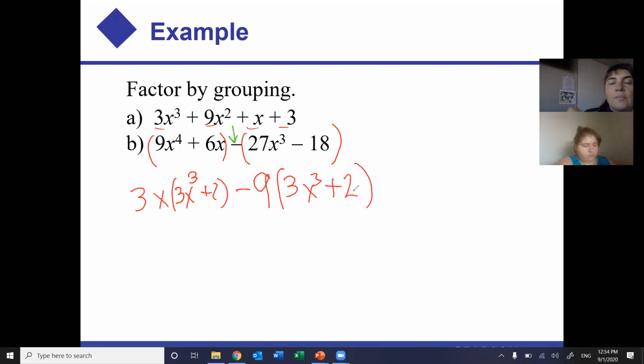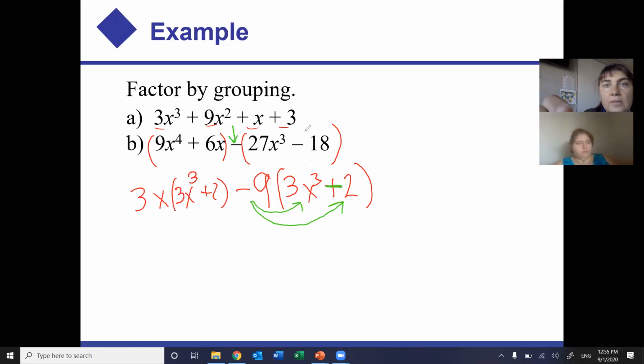The reason is because if you go back and multiply, minus 9 times 3 is minus 27. But if you do minus 9 times positive 2, this will end up being negative 18. If you would leave this a negative right here, then negative 9 times negative 2 is going to be positive 18, so it's not going to be the same as the previous one.